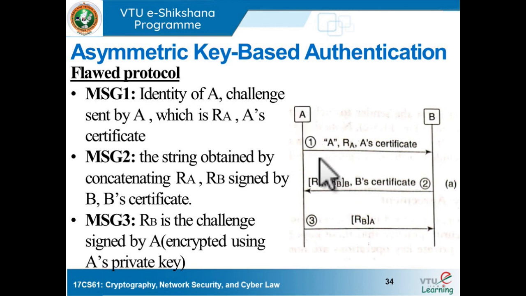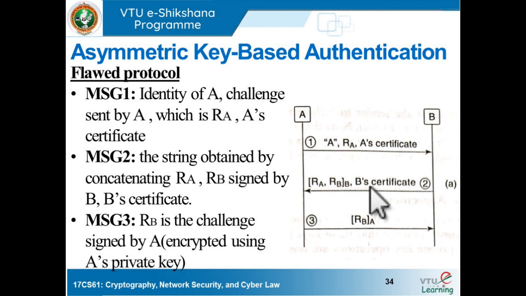Now over here in the case of the first message, A is sending its identity along with a challenge, that is nonce RA, and also A's certificate. Now what does B do? B receives this information, verifies the certificate that it received from A, and if it is able to validate the certificate, it will send a reply to A.